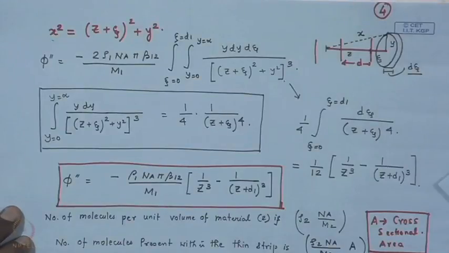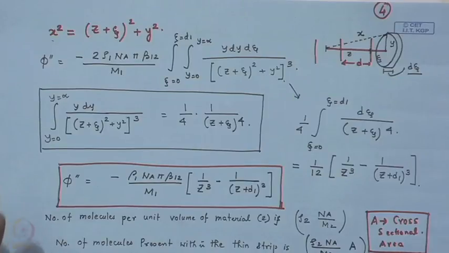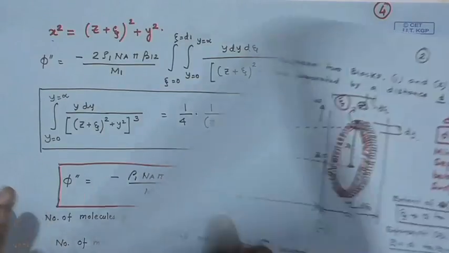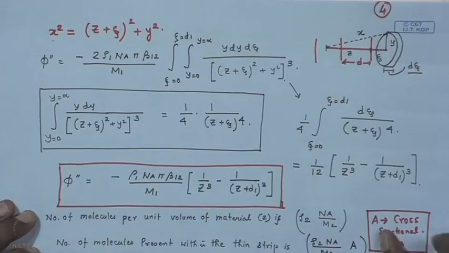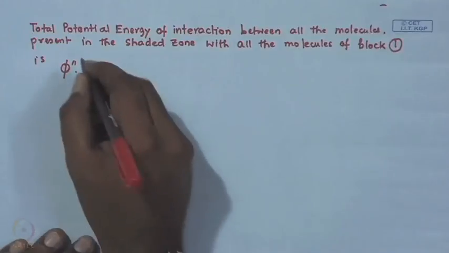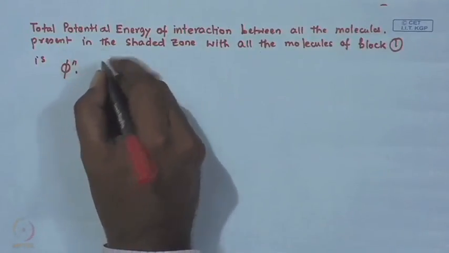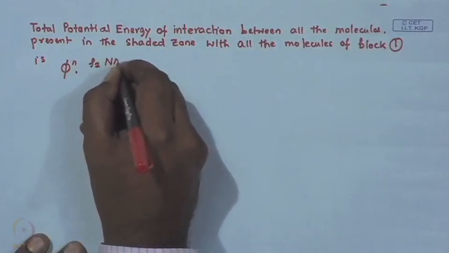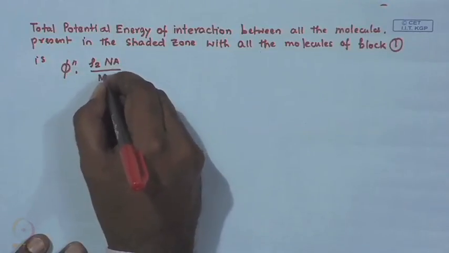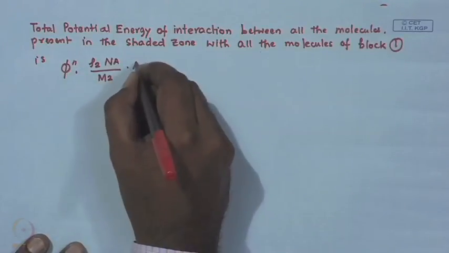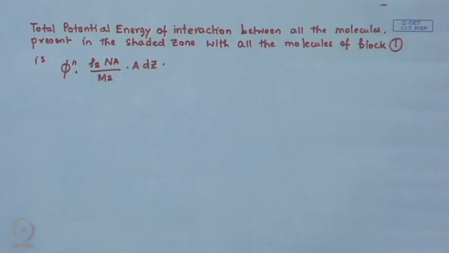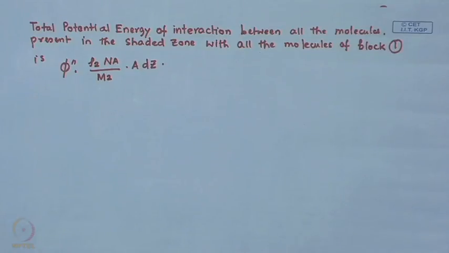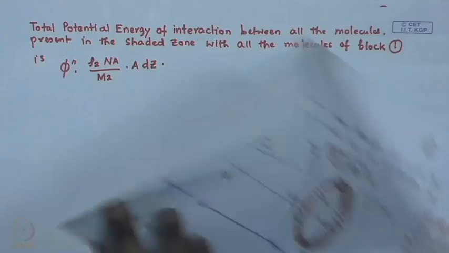So, now we consider all the molecules present within this shaded region. So, it is phi multiplied by rho 2 Na by m2 into A dz. So, this is the number of molecules that is present, because the volume of the element is A dz, which is present in the thin strip.